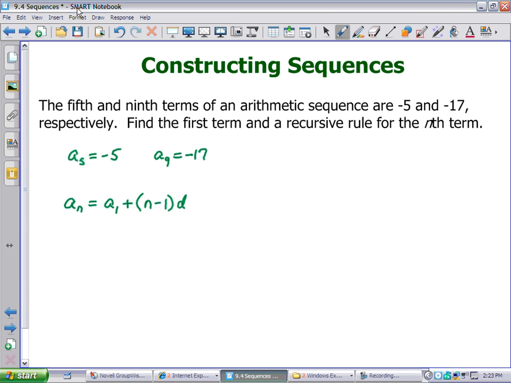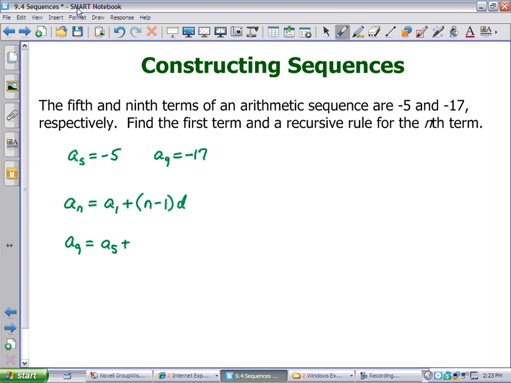This says that I had to have the first term and then I would subtract 1 from the number of n's that I have. Well, what if I have my a sub 9? What if I place a sub 9 here and I have a sub 5 instead of a sub 1? How many common differences would I need between a sub 5 and a sub 9?